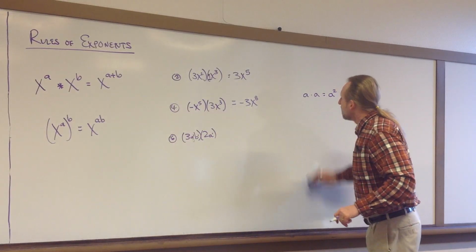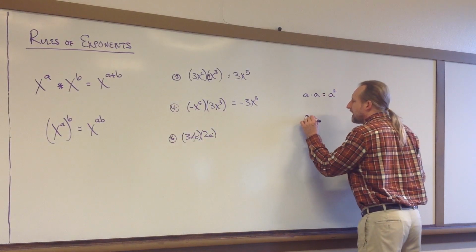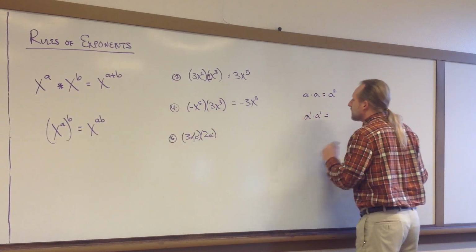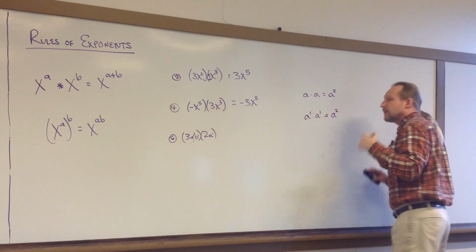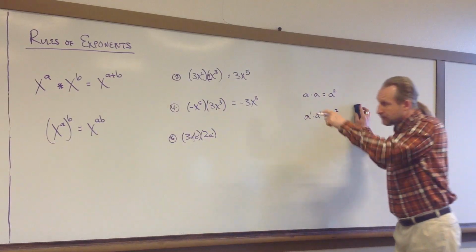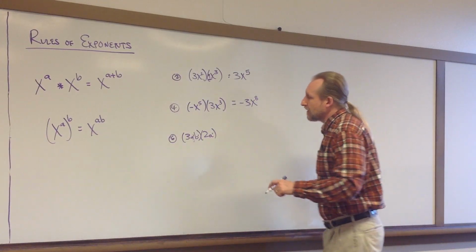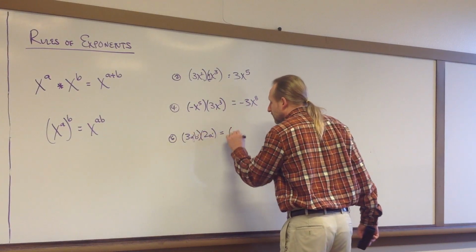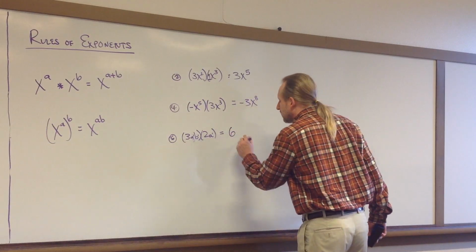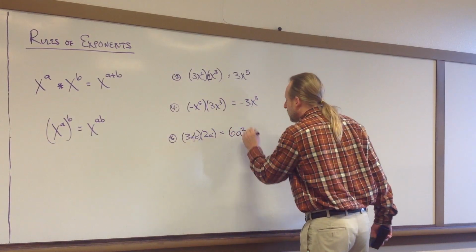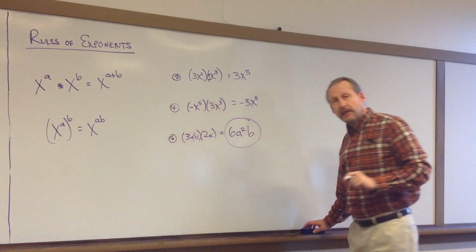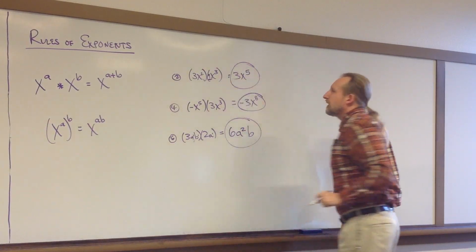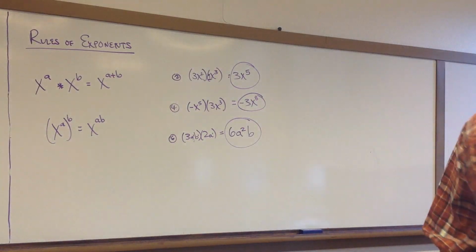Okay? Secondly, each of these a's has a hidden exponent of 1, and so if you use our formula over there, 1 plus 1 will give you 2. All right? So that's what's going to be happening in this problem right here. First off, the coefficients just multiply like regular numbers. 3 times 2 is 6. And then a times a is a squared, and the b doesn't get multiplied by anything and just stays b to the 1st power.